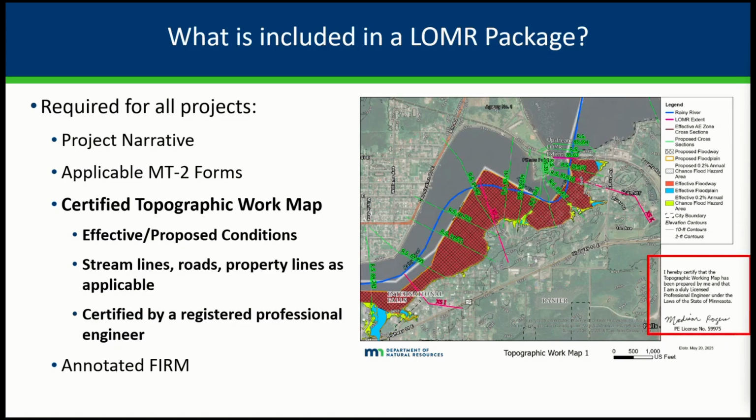This is my certification here, showing that I signed off on it as a licensed engineer. And it needs contours, just showing a few of those examples. We also recommend including any digital data from the map with the application submittal. That really helps reviewers review all the details.